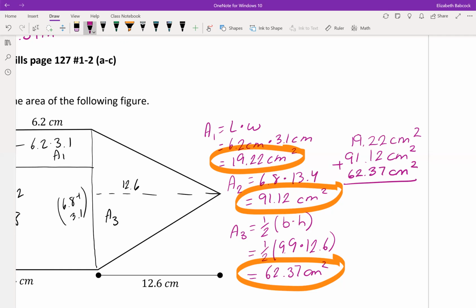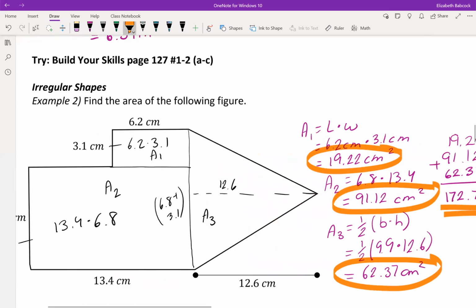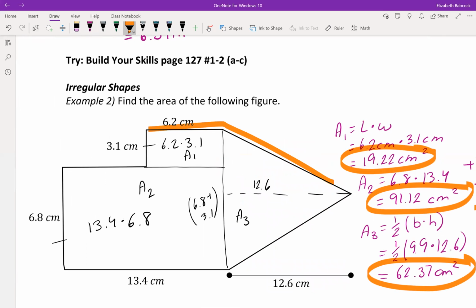Add them together, and you get a total area of 172.71 centimeters squared. Okay, so that would be your total answer. 172.71 is your total area for this whole shape.